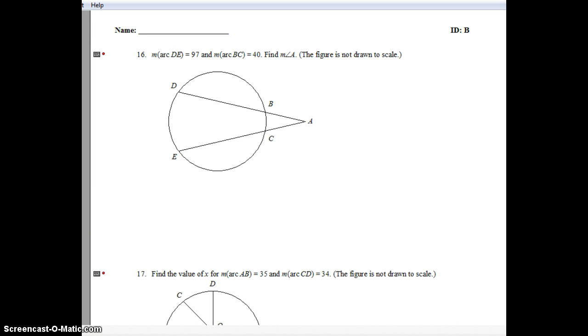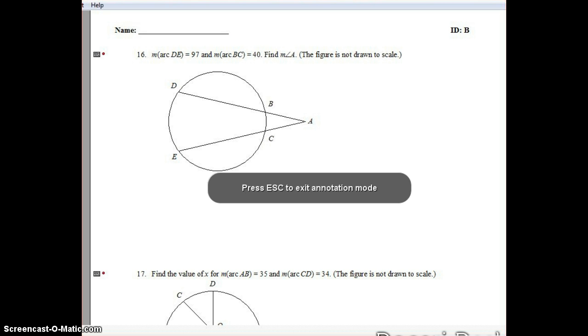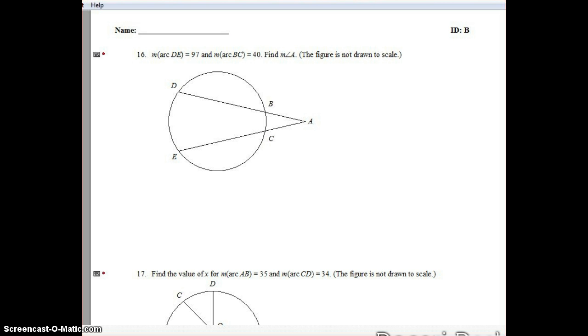All right, for number 16, we have an intersection on the outside of the circle, which is angle A. And we have an arc DE, which is 97, and an arc BC, which is 40. And the formula for that is the measure of the angle of intersection is equal to 1/2.